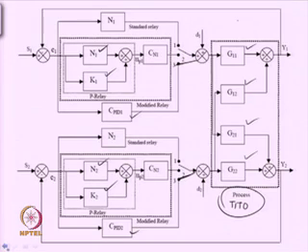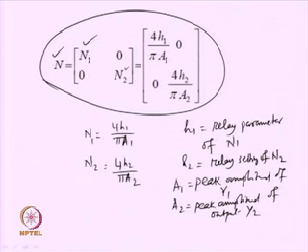So, please see Y1 will result in A1 and Y2 will result in A2. Measure the peak amplitudes and then you get N. This is how N is obtained.